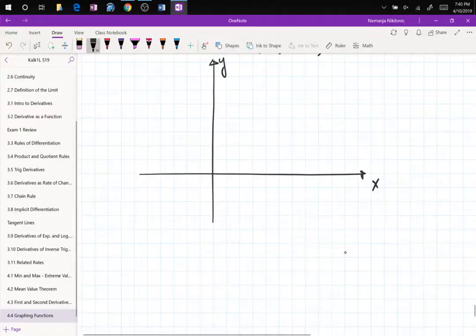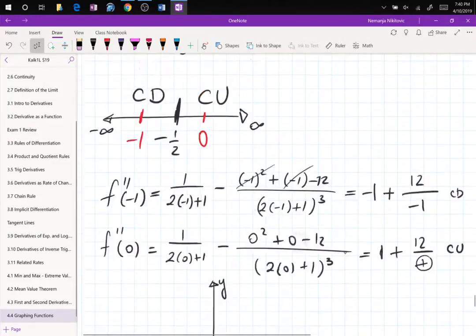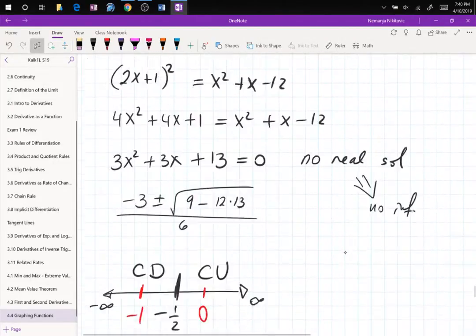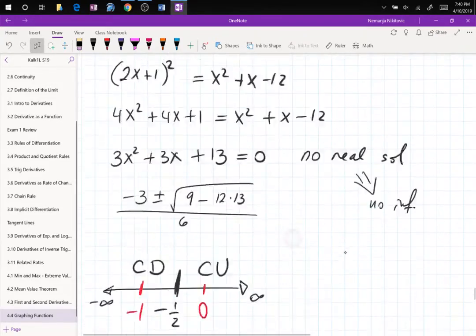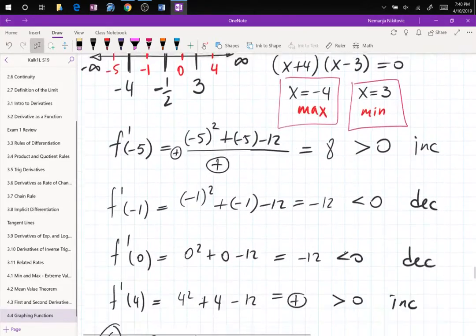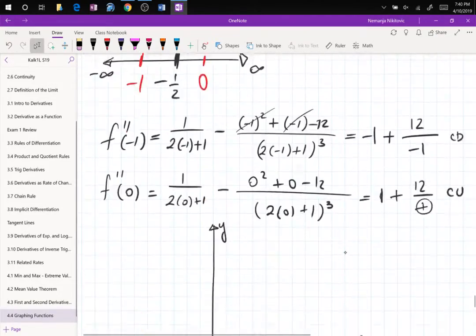Okay, so we have a min and a max, so we need calculations for y. So y is equal to f of what? I'm looking for the minimum first. What was the minimum? Yeah, x equals 3.